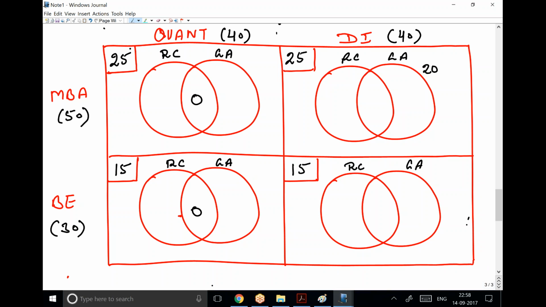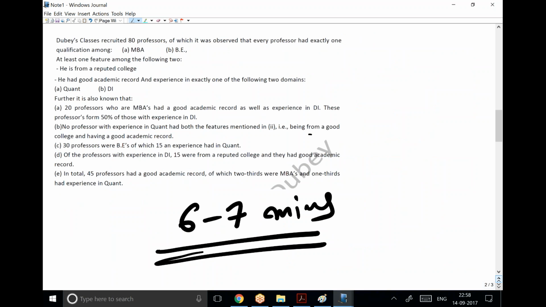So now you can try out questions also, but move further and read all the information, and you can fix the remaining data yourself. Now if you see the remaining data, of the professors having experience in DI, 15 were from a reputed college and they have a good academic record.